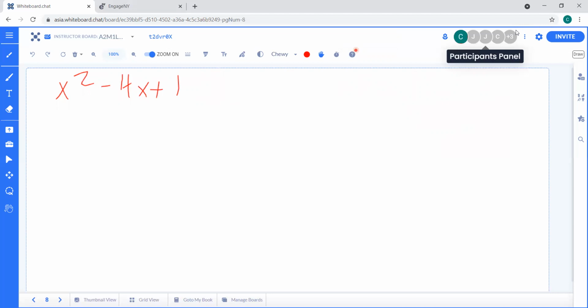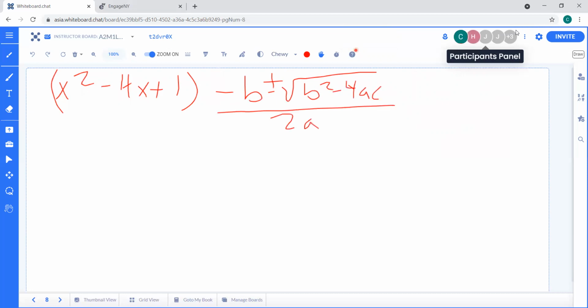Now, opposite of b, maybe you just need to write this down so you don't forget it, all over 2a. So opposite of b would just be a positive 4 plus or minus the square root of b squared, which is 16, minus 4.